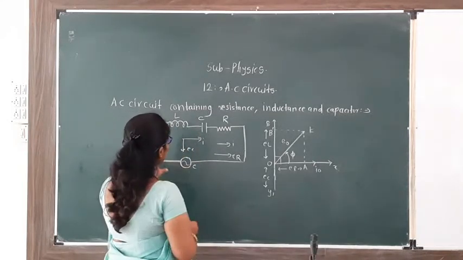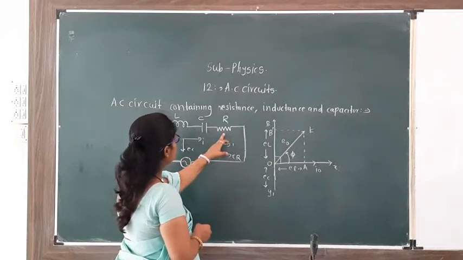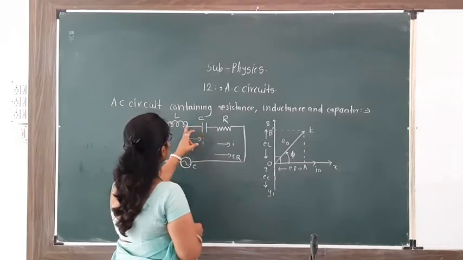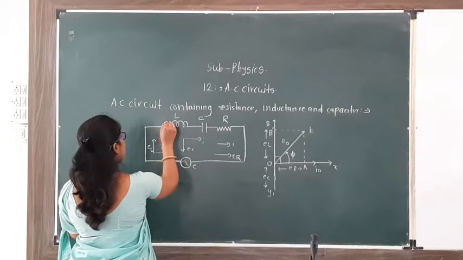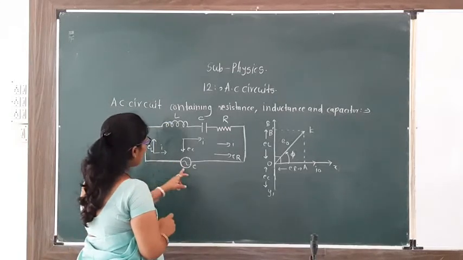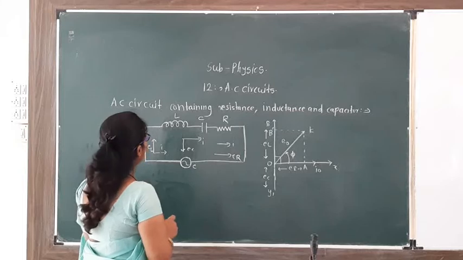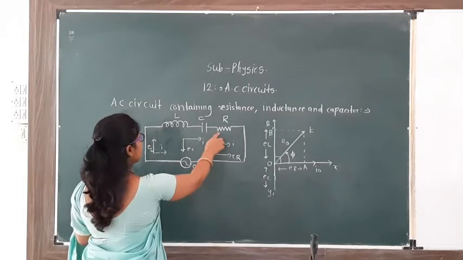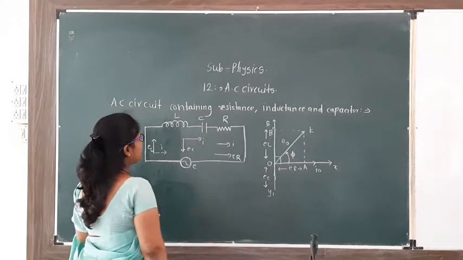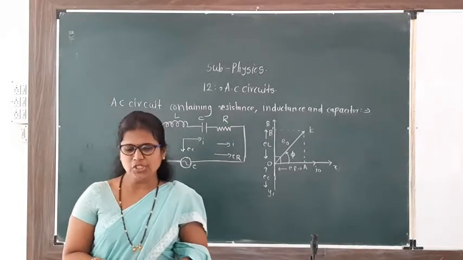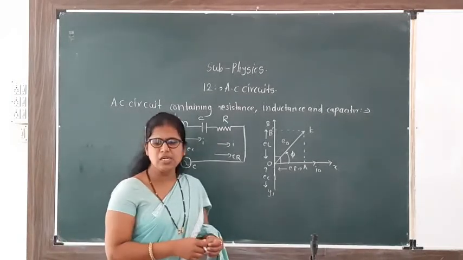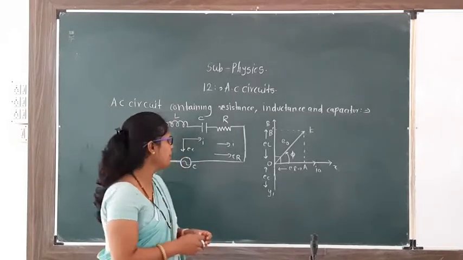These three elements are together connected in series across the AC circuit. The total opposition is offered by the resistor, pure inductor and pure capacitor.